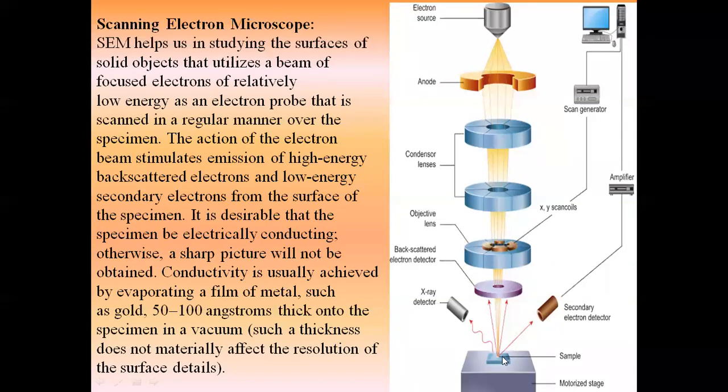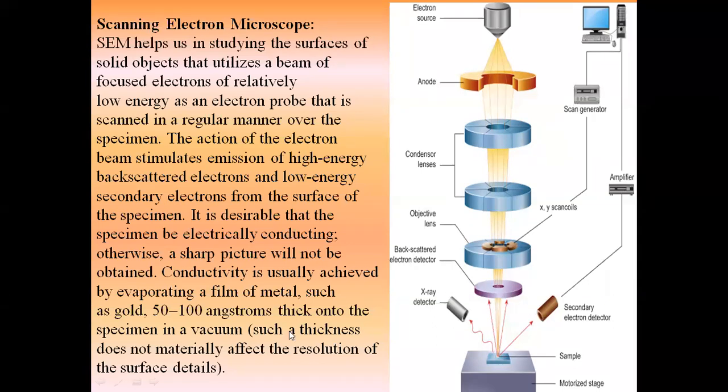The other possibility is that it may hit the sample surface and go back, which is a reflected electron, captured by the back scattered electron detector. The third possibility is that the electrons may enter inside the sample and be converted into photons and released, in the form of X-ray, detected by your X-ray detector. So you can see the possibilities and the three different types of detectors used in your scanning electron microscope.